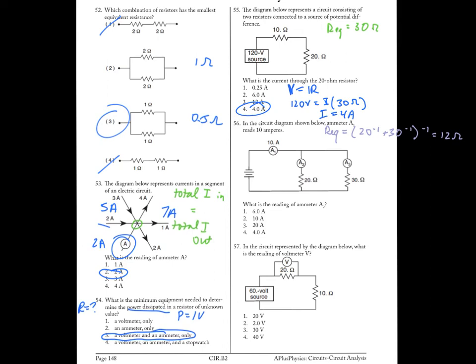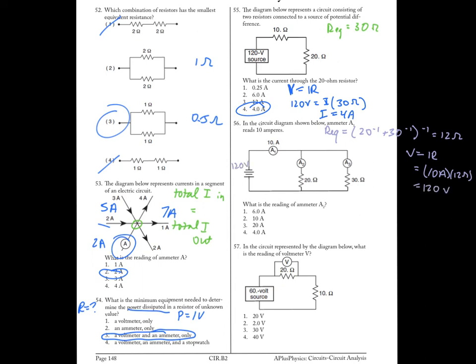Now we can figure out what is our voltage. How do we even figure that out? What current do we use? Well, we got the 10 amps. That's our total current in the circuit. And we also figured out our overall resistance. So we can figure out our total voltage. 10 amps times 12 ohms, we should get 120 volts. That's a lot.